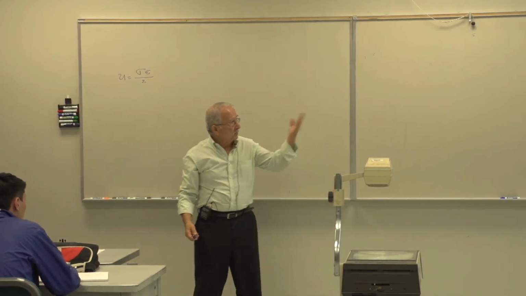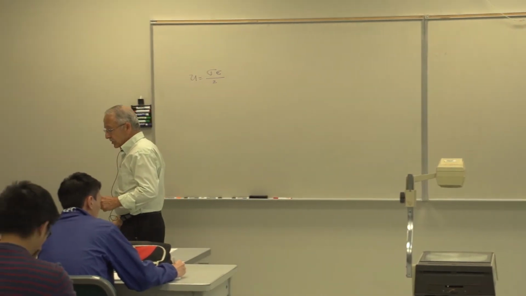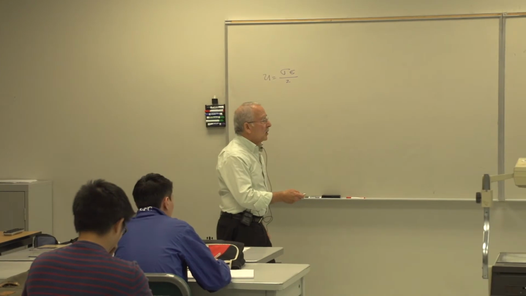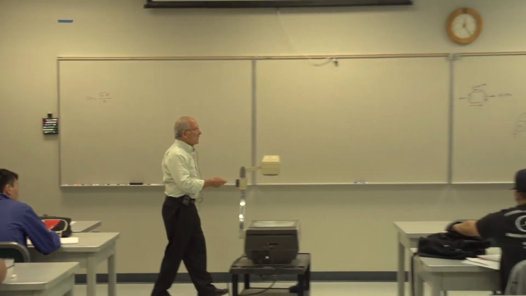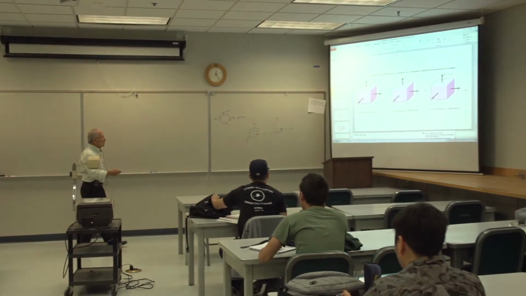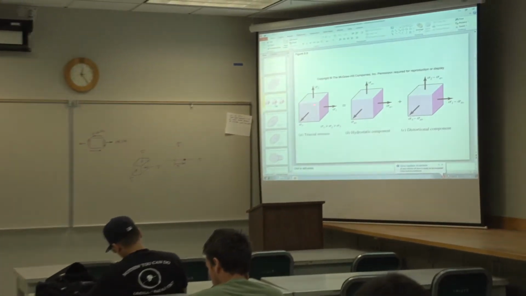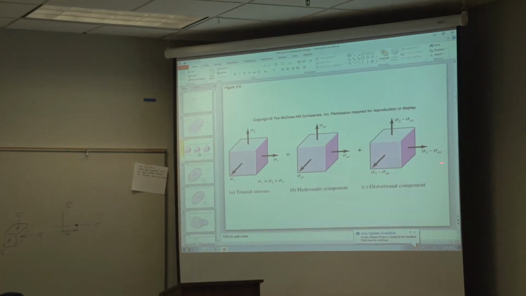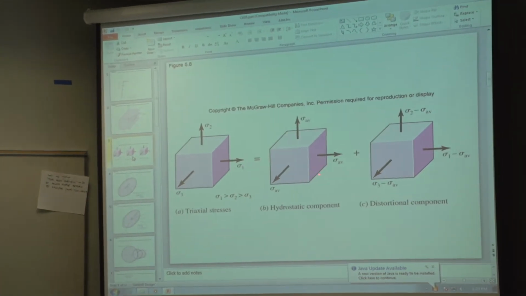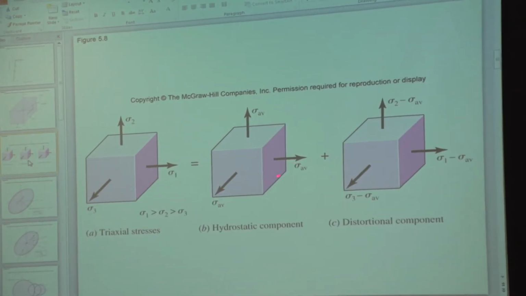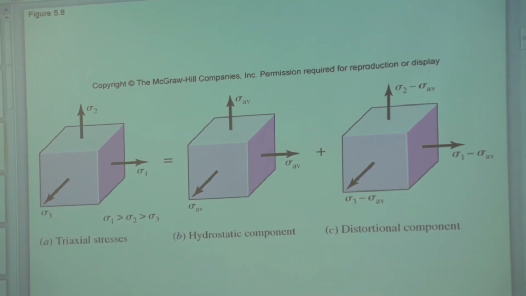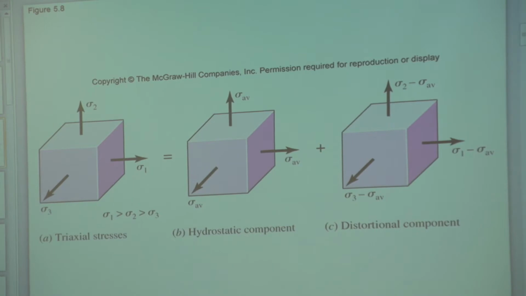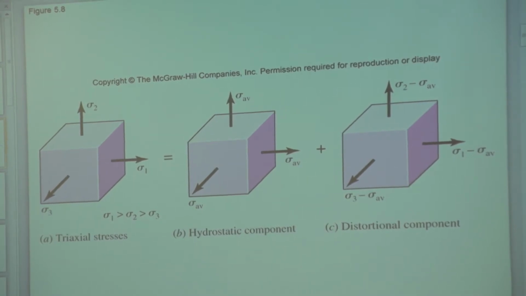So, taking a look now at what's on the screen. General state of stress at a point with the principal stresses shown. We say we can divide this into two parts. One part where all of the stresses are equal, similar to what I have shown you here, results only in volume change, no shape change.